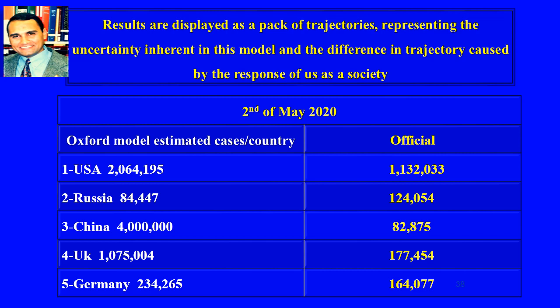This model expected that Russia on the same day will have 84,000 infected people, but officially it is higher. It's about 124,000 people already infected. This model expected that China will have on the second day of May 2020 4 million persons infected, but officially in China the authorities announced about 82,875 persons already infected.